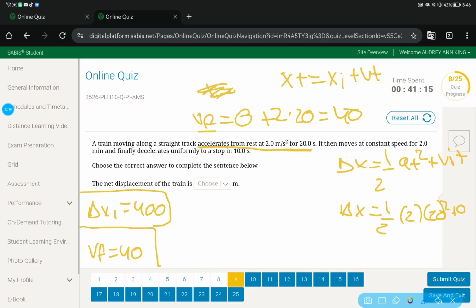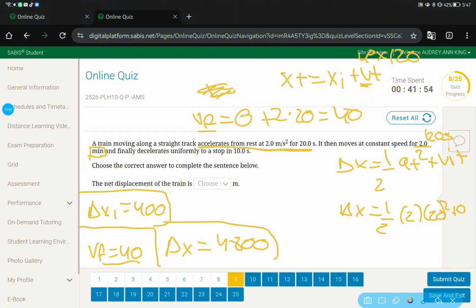So now that we found the velocity final, which is what we need for this equation, which is 40, after replacing, we can do 40 times the time, and the second part is 2 minutes, which is 120 seconds. So that's basically how you get the second displacement, which is 4,800.